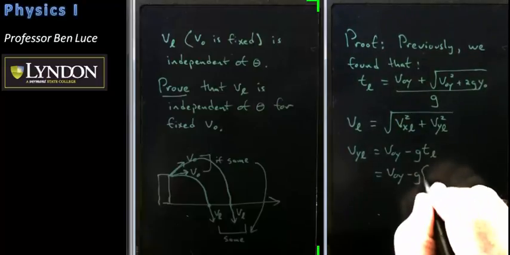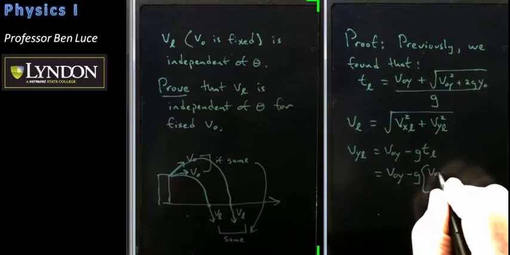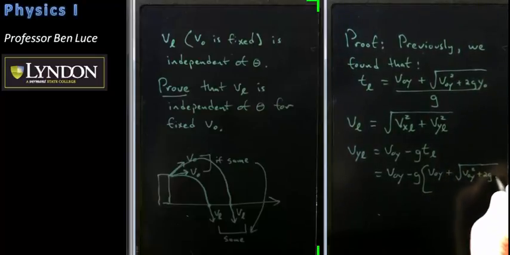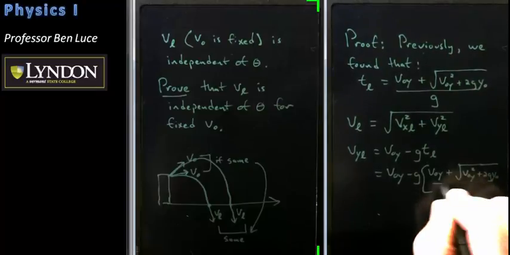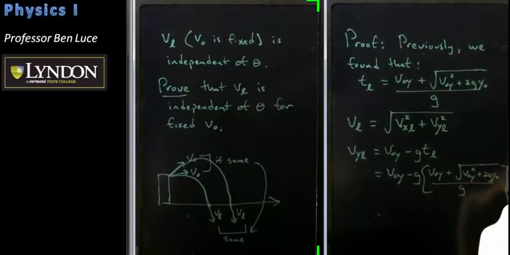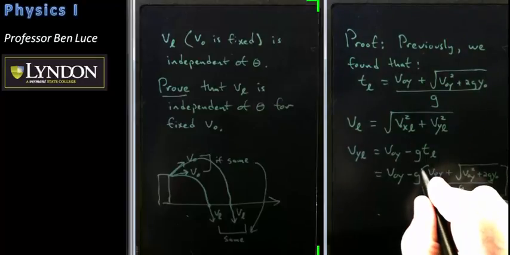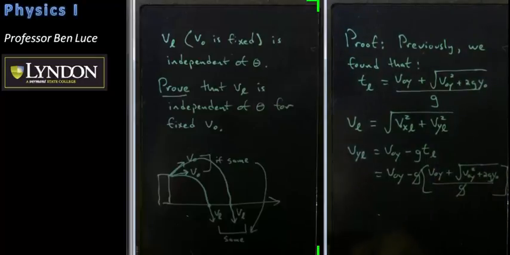Let's put in our expression for TL in here. And as ugly as this expression is, some very nice things are going to happen right away. Can you see it? First of all, the g's cancel.